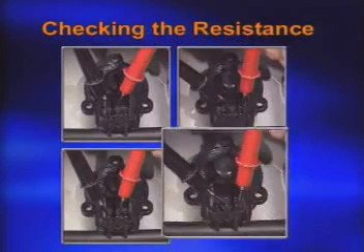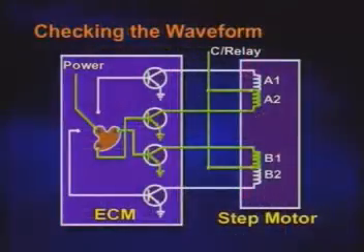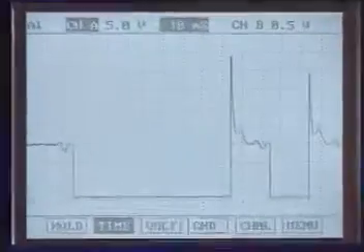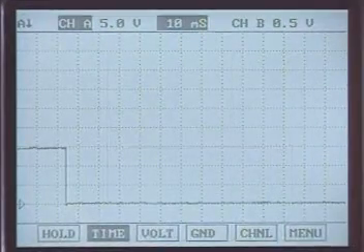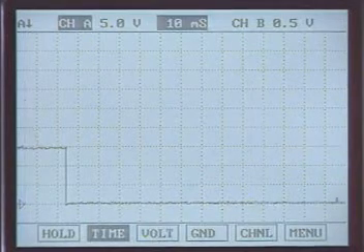Then we can check the internal coil condition of the step motor. To measure the waveform, measure at the wirings to the ECM. In case of sudden acceleration or deceleration, the step motor waveform should display as shown on the screen.